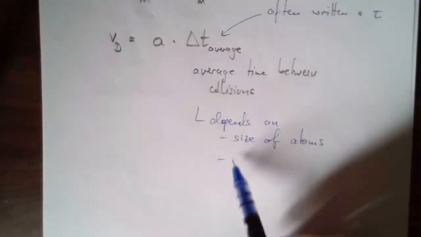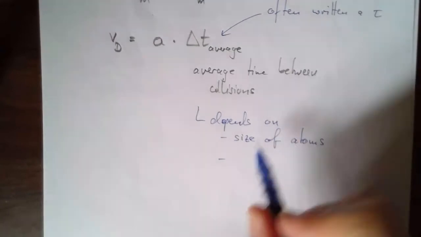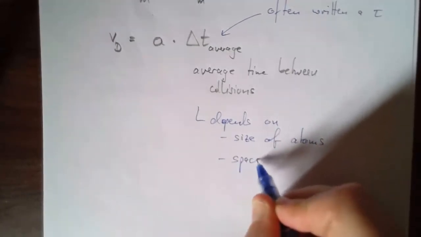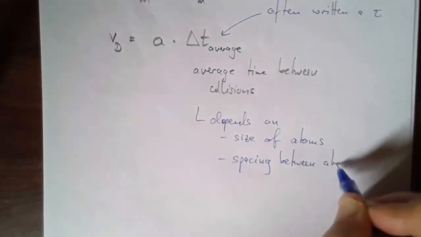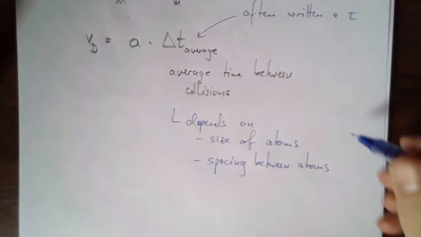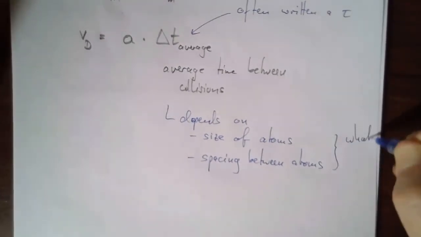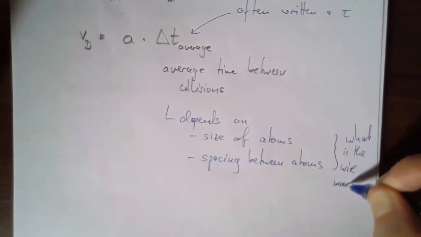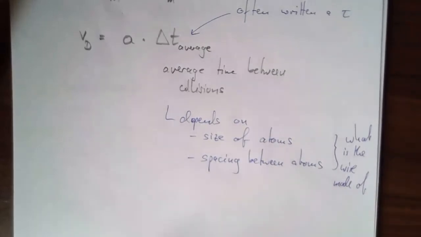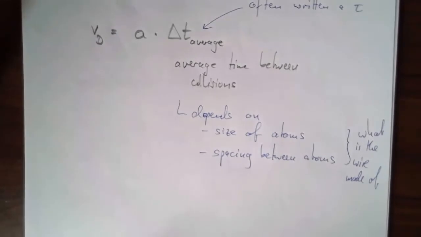Size of the atoms, and the spacing between the atoms. It depends on the material. Those two depend on what the wire is made of. Ultimately, that determines how conductive your wire is. Materials are different because those things are different between materials.